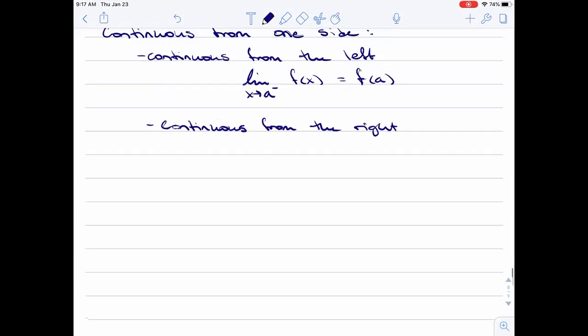So the limit as x approaches a from the right of f of x can be written as f of a, which is the same definition that we started with. If the limit as x approaches a of f of x is f of a, then we can say it's continuous.